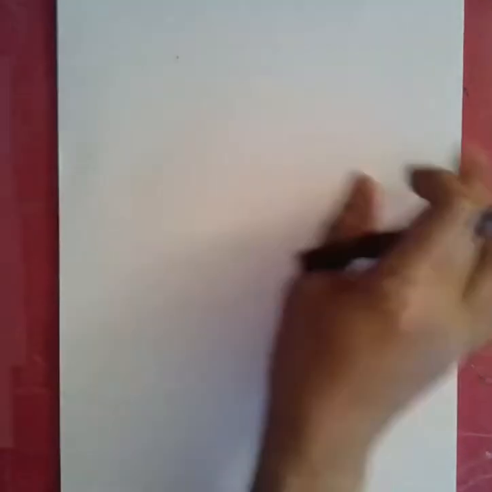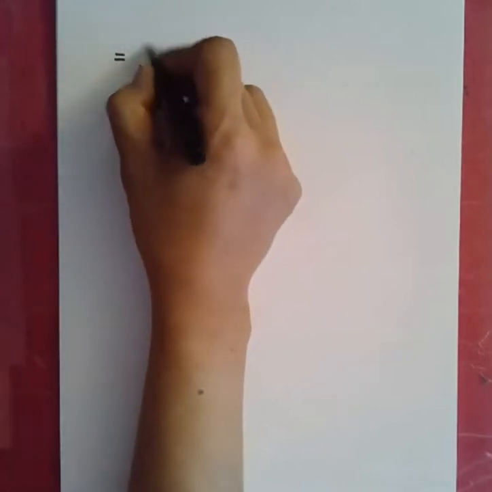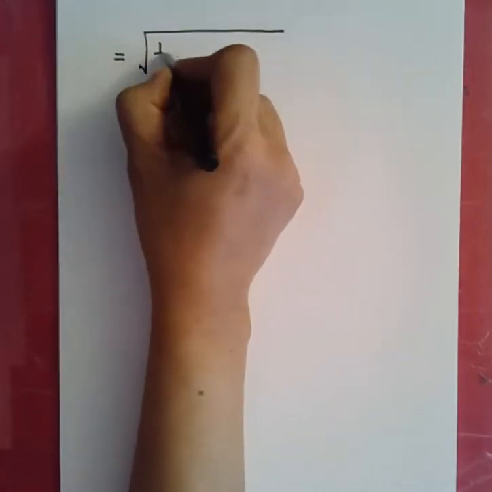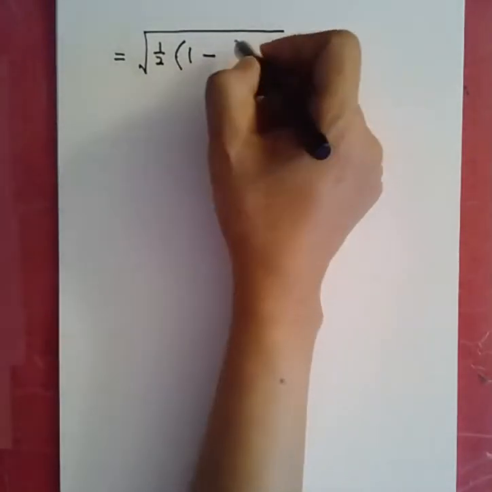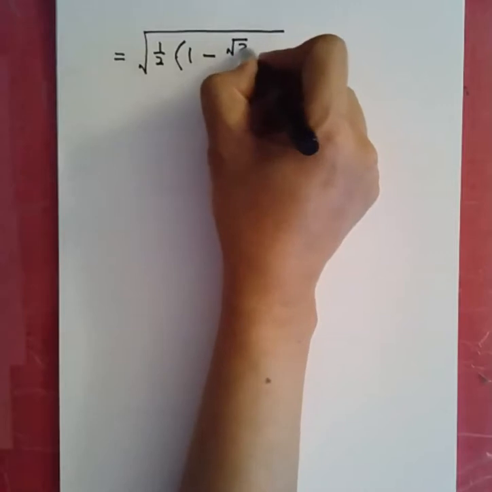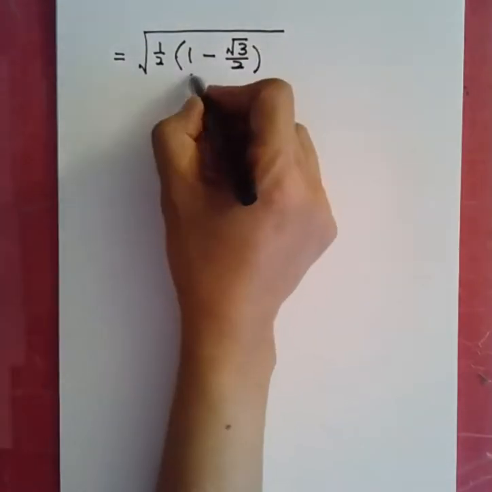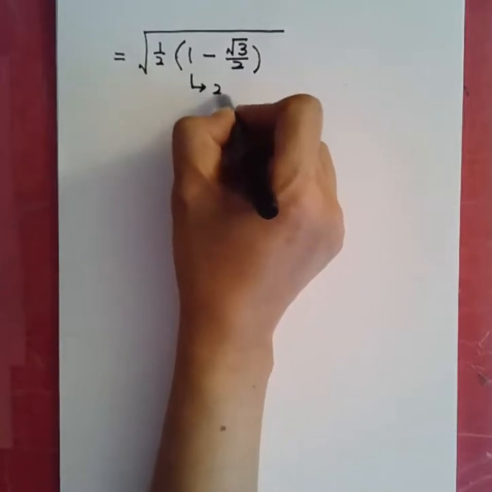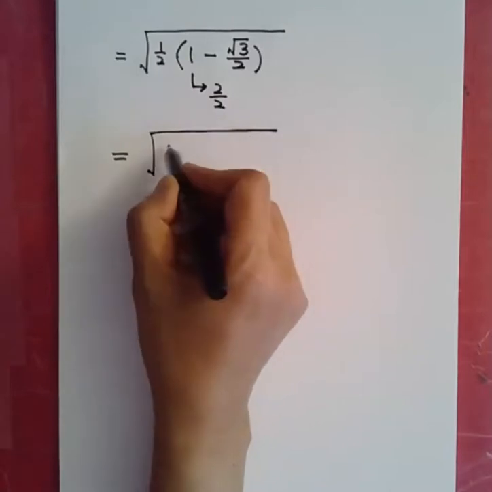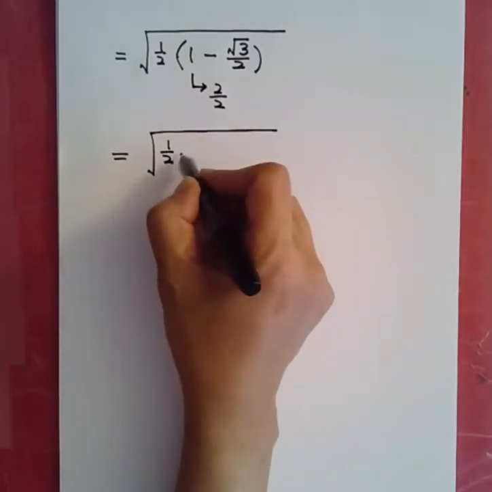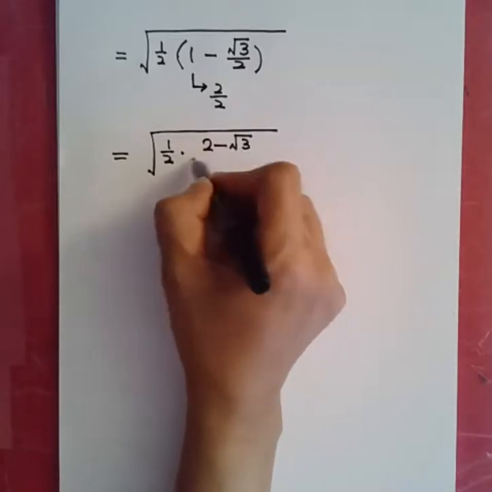Let's keep on going. That equals 1 over 2 times 1 minus cosine of 30 degree, which is square root of 3 over 2. And 1 can be rewritten as 2 over 2. We are considering the common denominator. So 1 over 2 times 2 minus square root of 3 over 2.